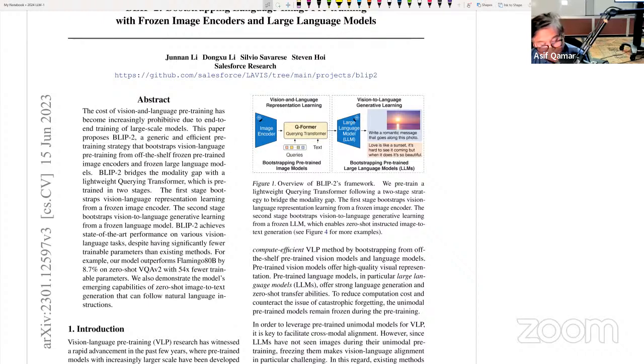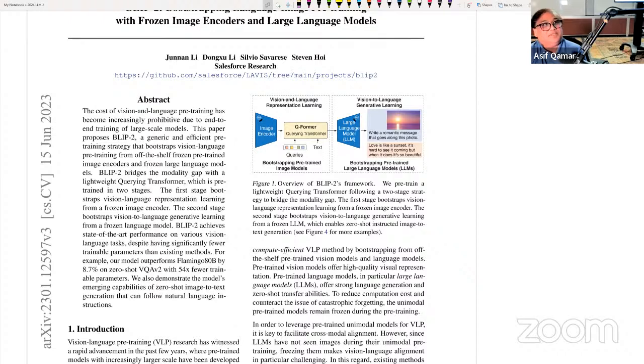For example, our model outperforms Flamingo 80 billion parameter by 8.7% on the zero-shot VQAv2 benchmark, with 54 times fewer trainable parameters, practically 2 orders of magnitude smaller. Means with a much smaller model, a baby model, you are beating Flamingo 80 billion parameter.